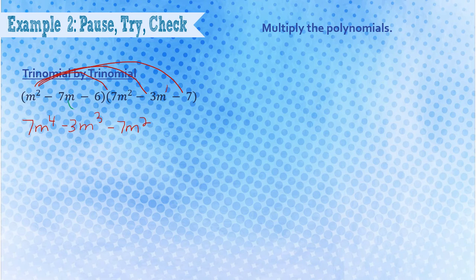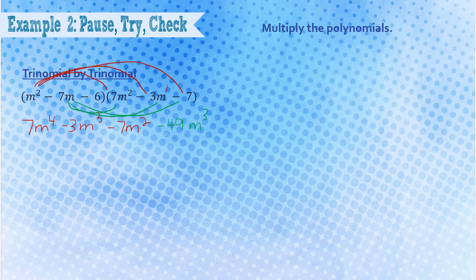Switching to that second term, I've got negative 7m, and I'm going to distribute that to all three terms in my second trinomial. So negative 7m times 7m squared is going to give me negative 49m to the third.